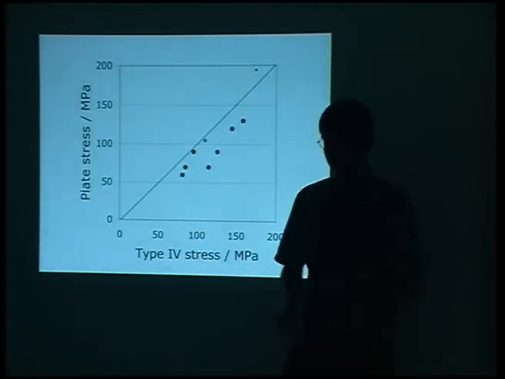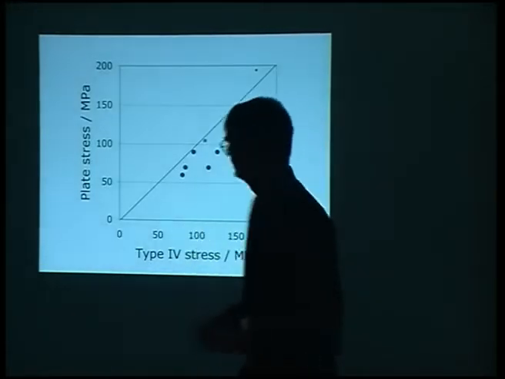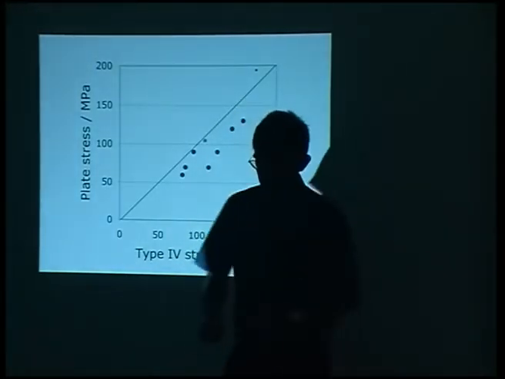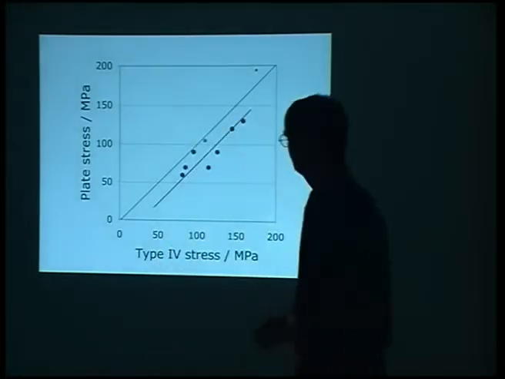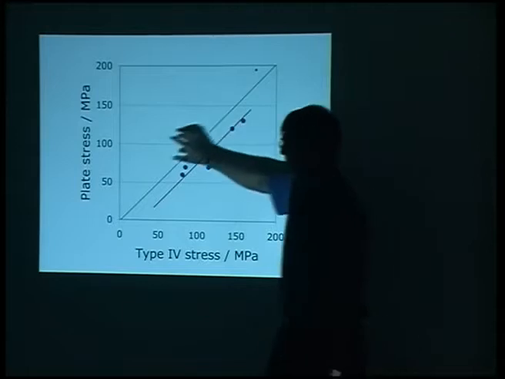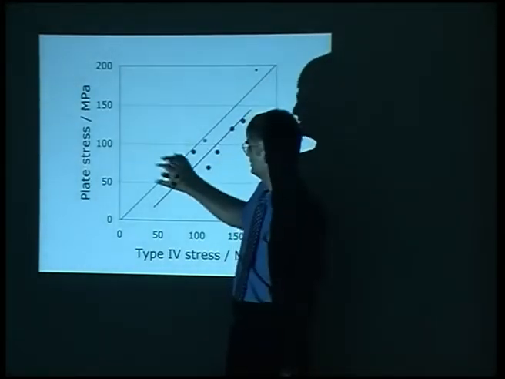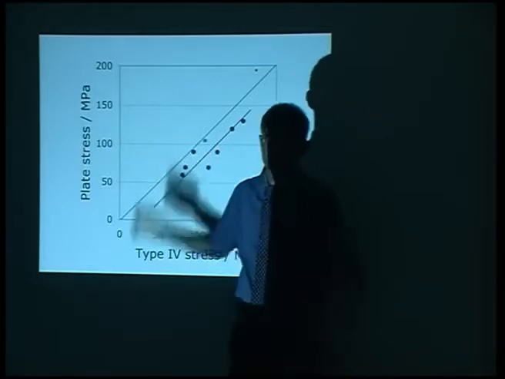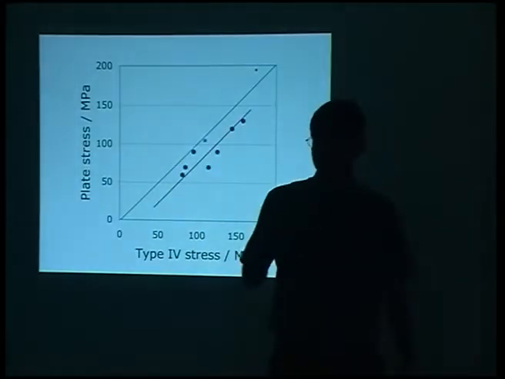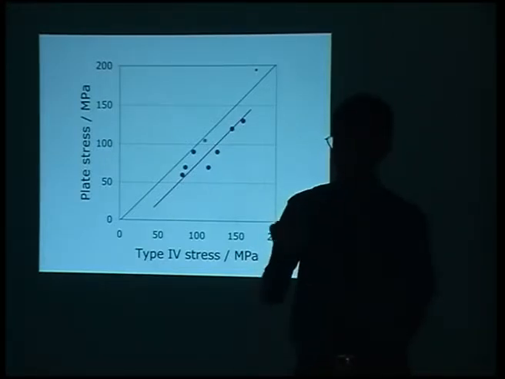So supposing that we want to predict the stress for failure for type 4 cracking, I take these data and I draw a line through them, then I have an offset here. So if I just use my model for predicting the plate creep rupture strength and then subtract this much, then I've got the stress rupture for type 4 cracking for the first time ever. Without doing any experiment, we might be able to.